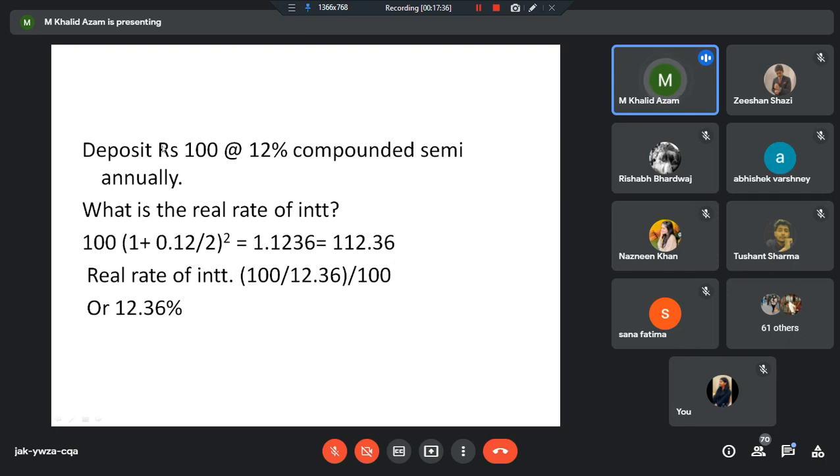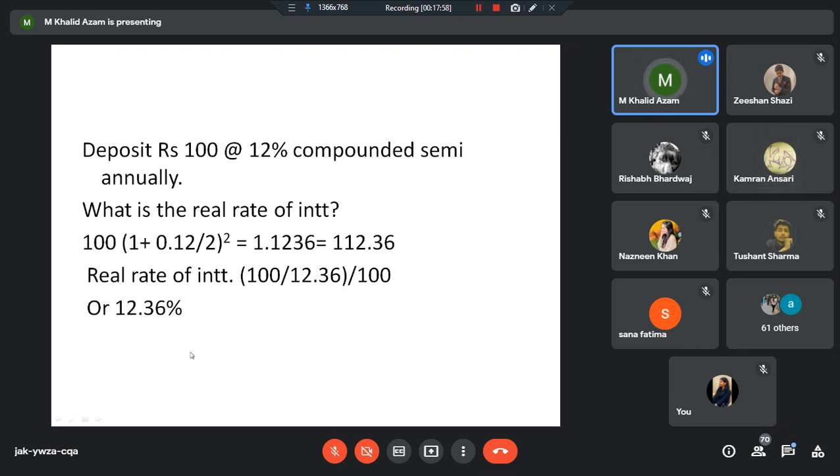Suppose you are depositing only 100 rupees, then in that case, what is it going to be? This factor is going to remain the same. So it is 112.36. Rate of return is going to be the same, 12.36. And the amount, no doubt, because you are depositing 100 rupees, is 112.36.